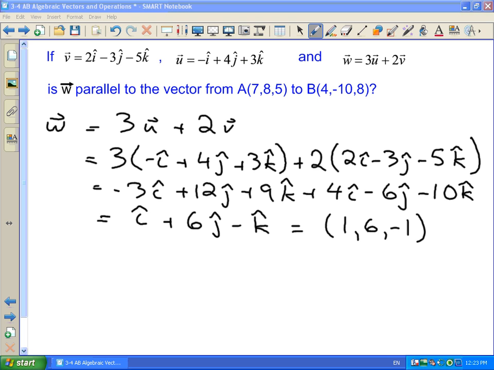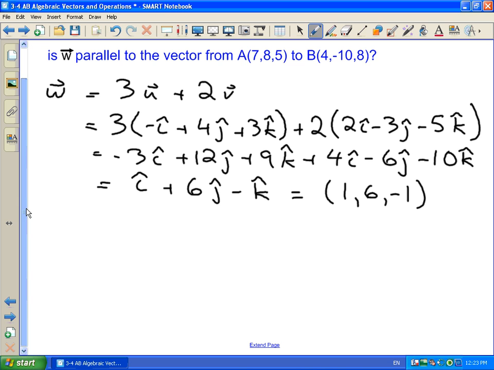We want to compare w to the vector that goes from A to B. So let's figure out what the vector from A to B is.